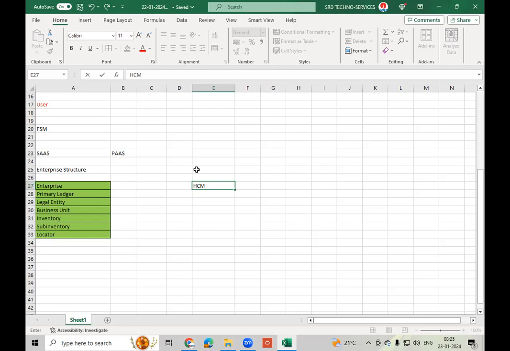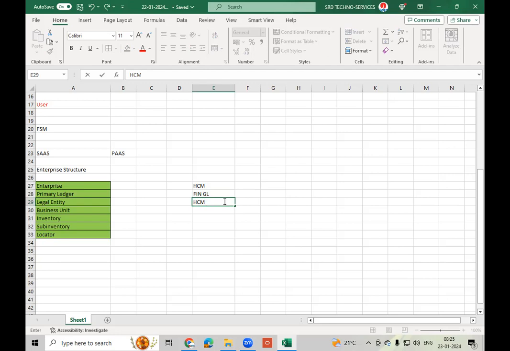So, primary ledger is a financial setup. It will be defined in the general ledger module. The general ledger consultant will take care of and configure this setup. Then legal entity. Again, this legal entity comes under HCM, Human Capital Management. But if the HCM module is not implemented, again, some other team member will take the responsibility and configure this legal entity.